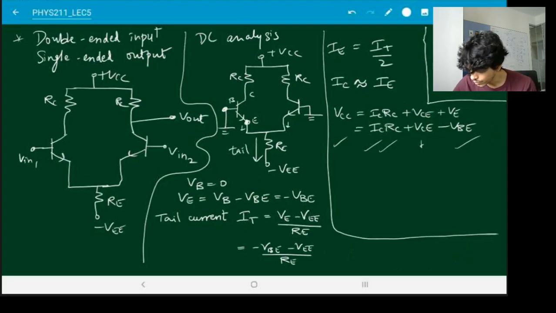Now it's time to go for the AC analysis. So again, same way of drawing the AC equivalent circuit, which is you set all your DC sources to 0 and you make all your capacitors shorts.